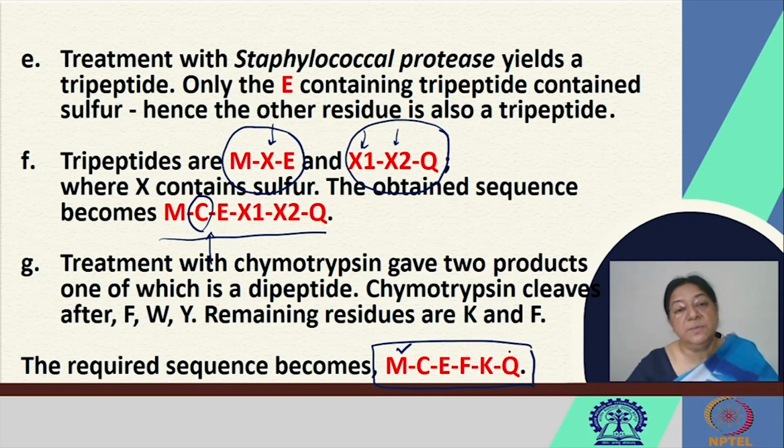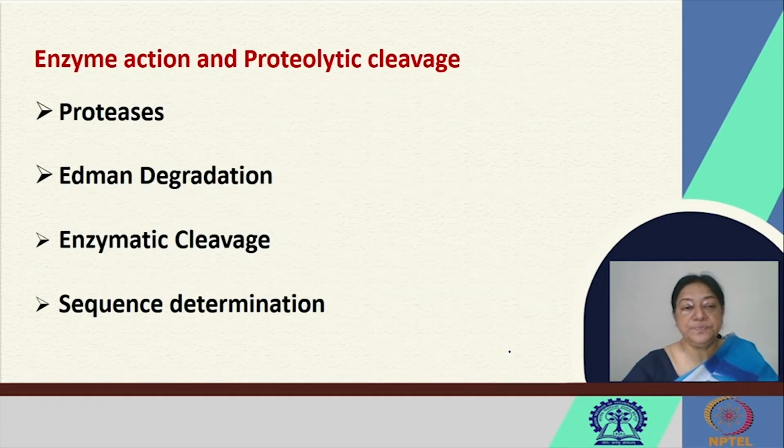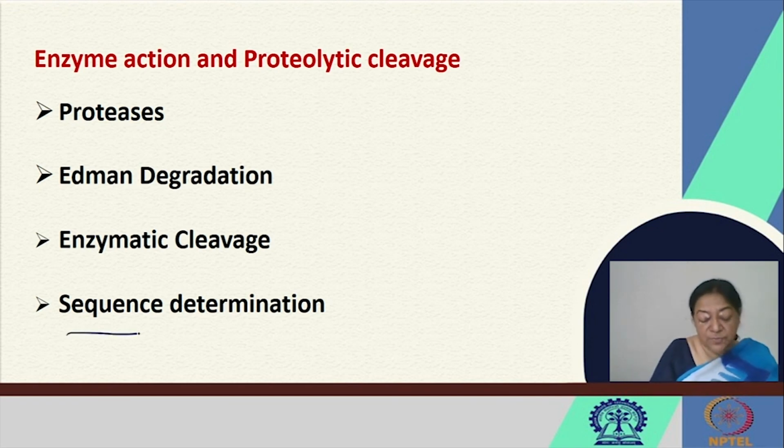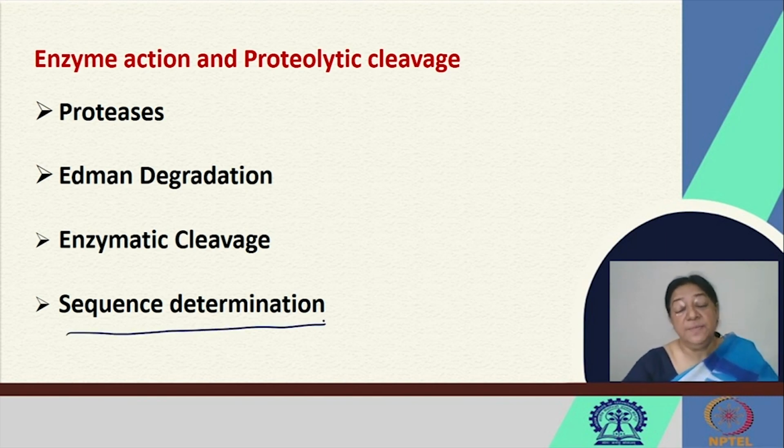So we get the N terminus, we get the C terminus, and we get the specific fragments with the enzymatic cleavage. So from the enzymatic action and the proteolytic cleavage using proteases, Edman degradation, and enzymatic cleavage, we can actually look for a sequence determination. There are methodologies now with automated peptide sequencers where you can give your peptide or your protein.